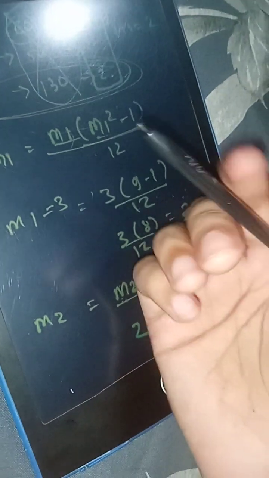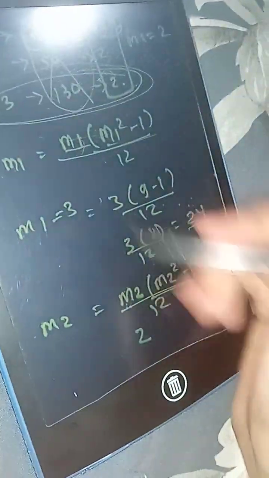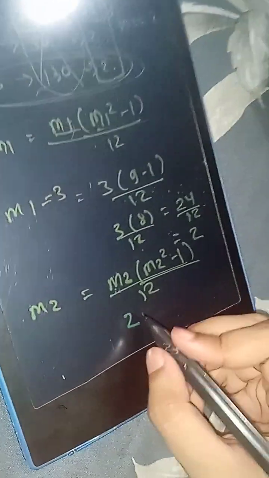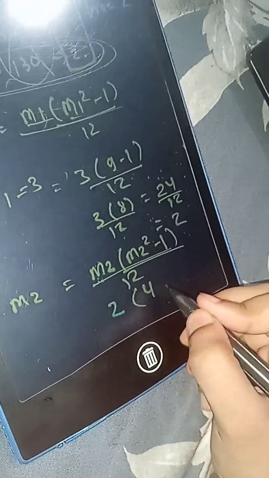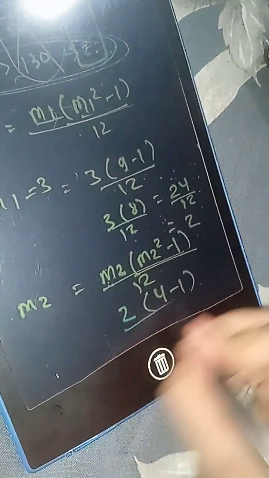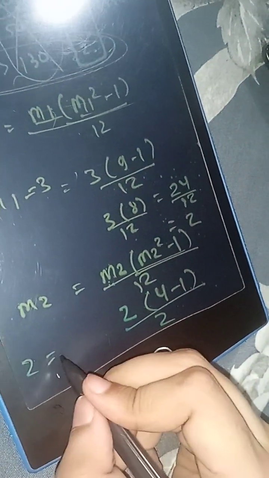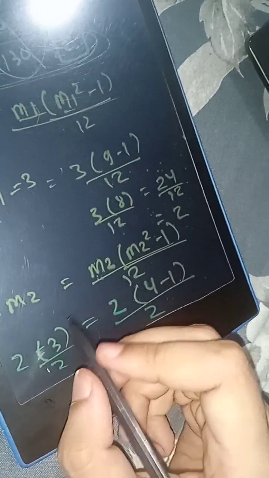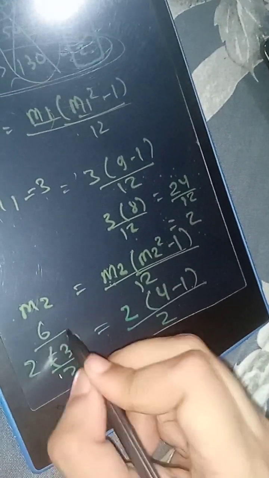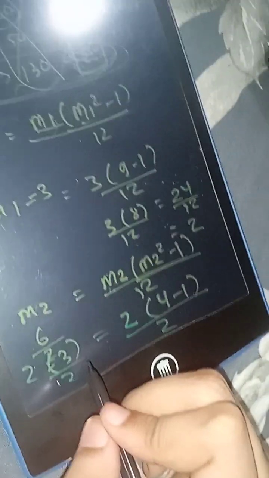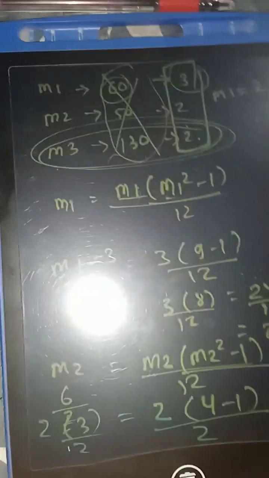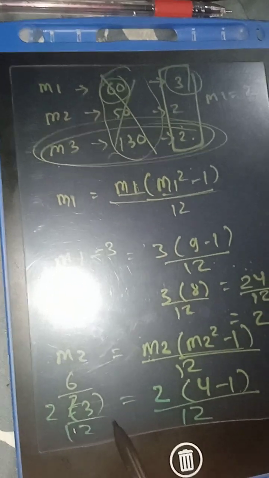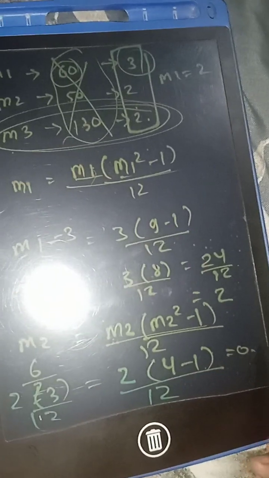What is the purpose of assuming this? These values will come the same. So 2 square is 4, minus 1 is 3, 2 times 3 is 6, upon 12. 6 upon 12 means 0.5.